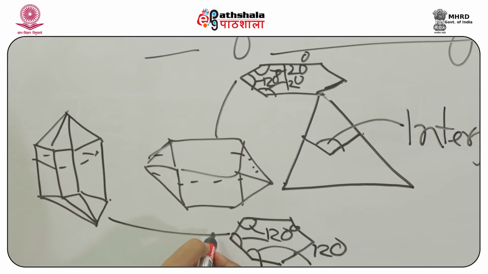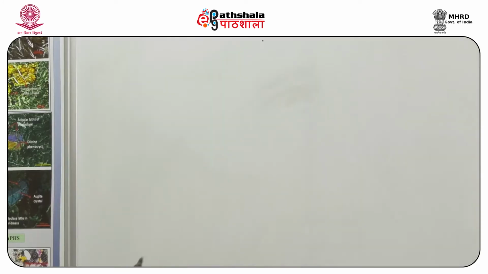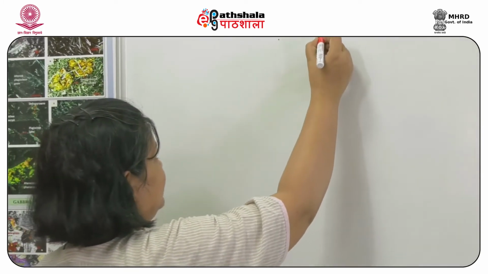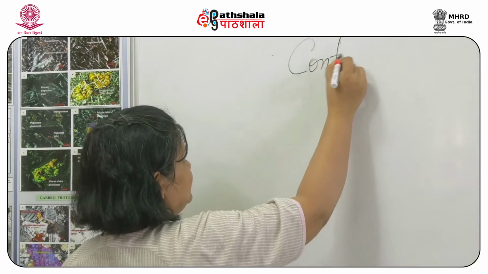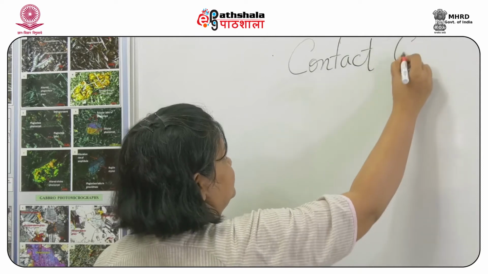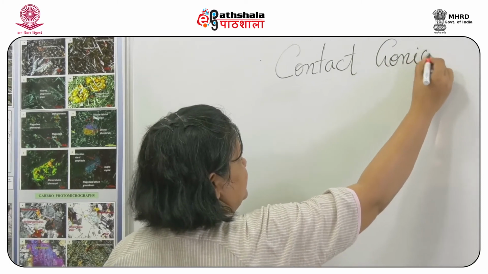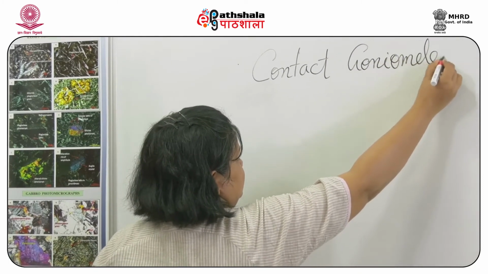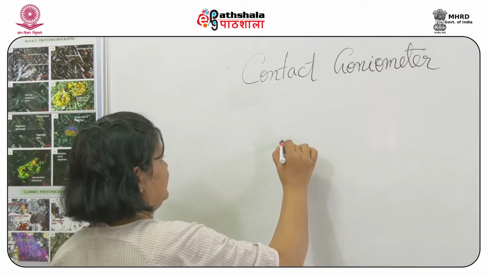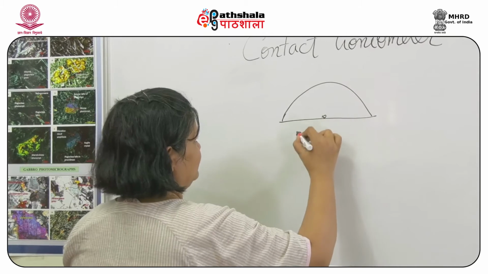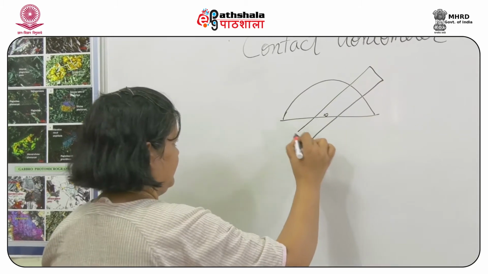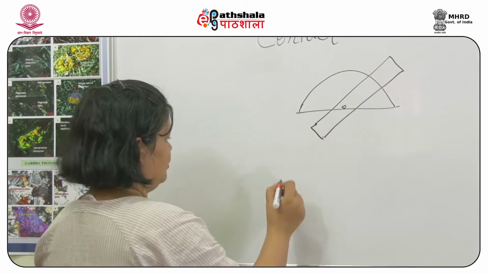So how do we measure an interfacial angle? For that we have an equipment called a contact goniometer, which is nothing but a protractor. We have this D, and attached with it we have a plastic flap. So, how do we measure it?